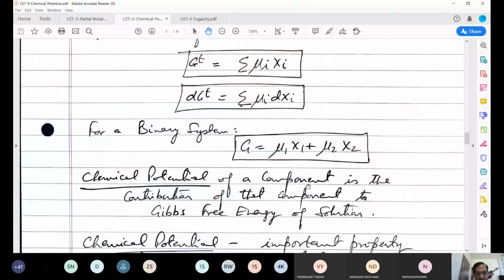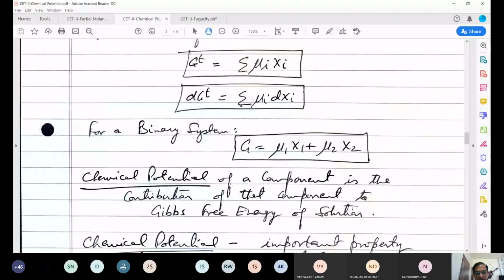So chemical potential of a component is the contribution of that component to Gibbs free energy of solution. Partial molar volume was the contribution of component 1 to volume of the solution; now this is the contribution of component 1 to Gibbs free energy of solution.